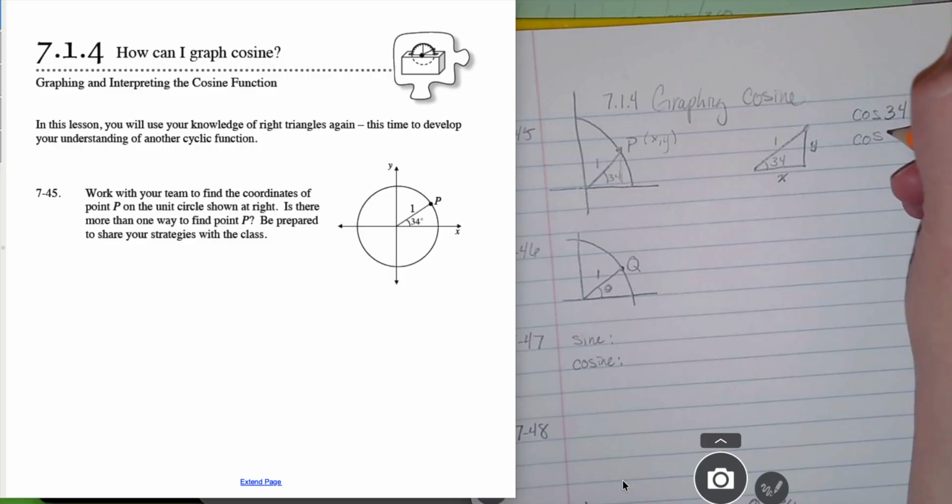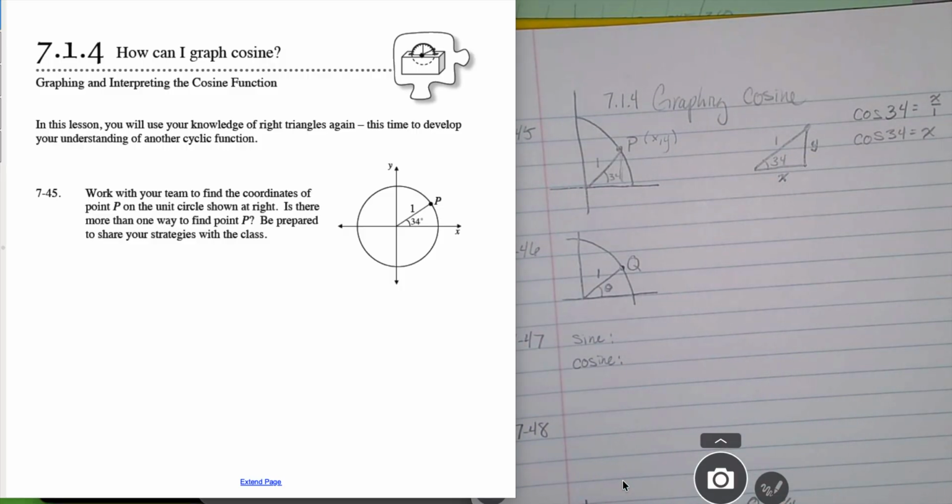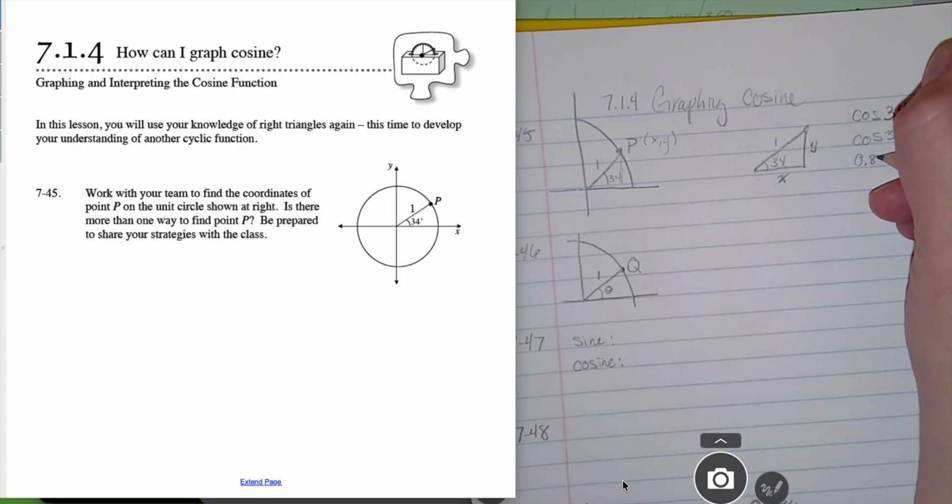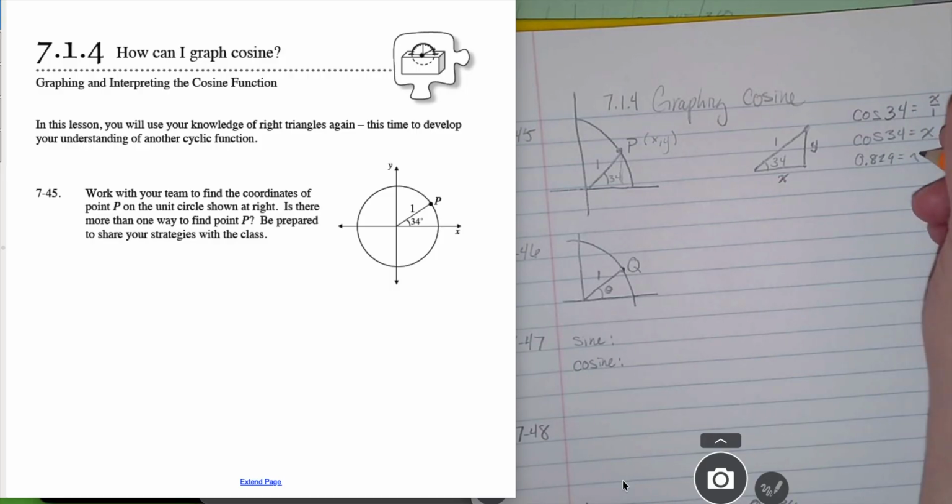So we would end up with cosine of 34 equals x. So now I can type that into my calculator and get out an answer. So cosine of 34, and I get 0.829 is x.